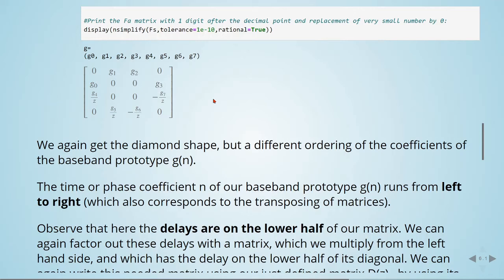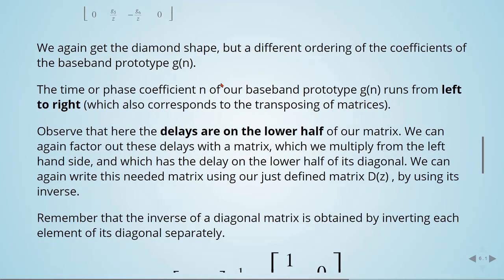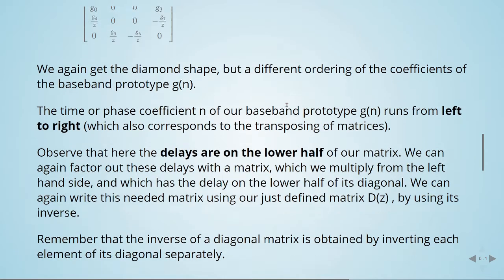half of our matrix. We can again factor out these delays with a matrix which will multiply from the left-hand side, and which has the delay on the lower half of its diagonal. We can again write this needed matrix using our just defined matrix D of z by using its inverse.